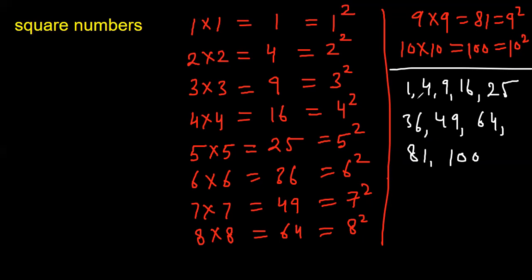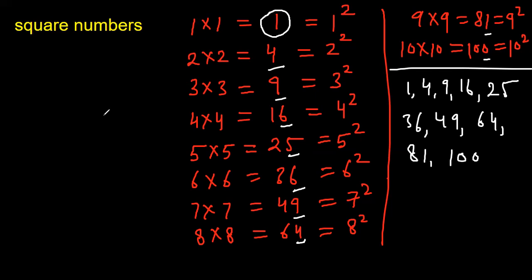Let's see one thing here about these perfect squares. Look, if the units digit of the number is 1, you know, its square also has unit digit 1. So these are the units digits of the square numbers. You look, it's 1 here, 4, 9, 6, 5, 6, 9, 4, 1, 0.